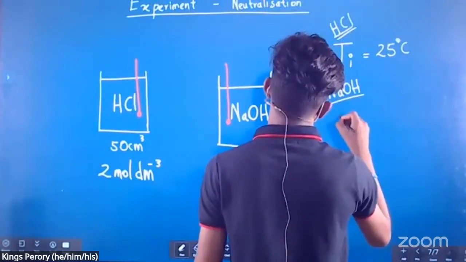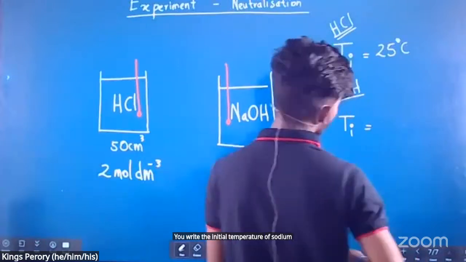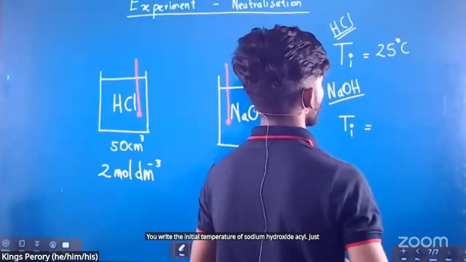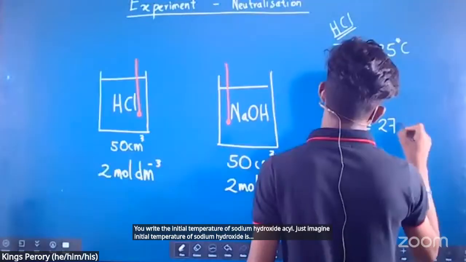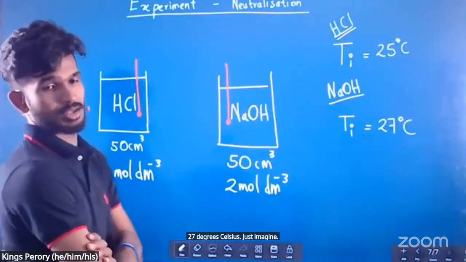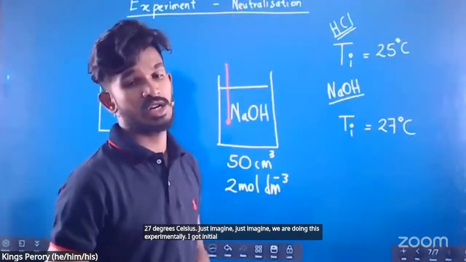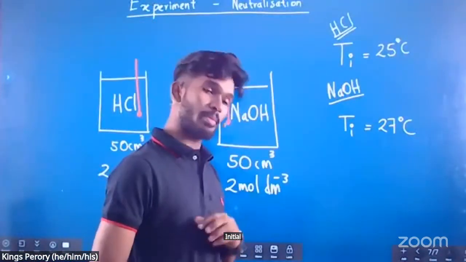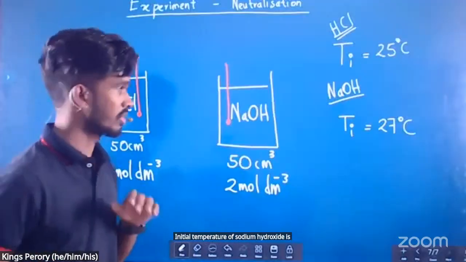Just imagine the initial temperature of sodium hydroxide is 27 degrees Celsius. I got the initial temperature of HCl as 25 and of sodium hydroxide as 27 degrees Celsius.